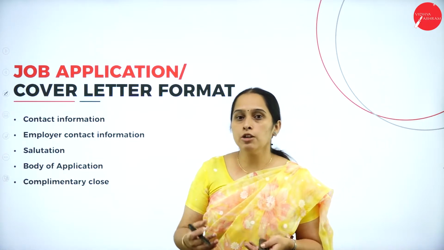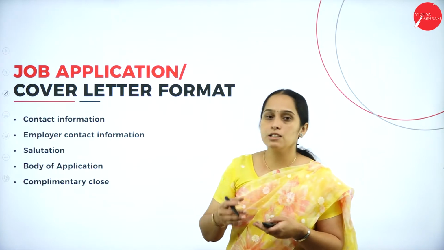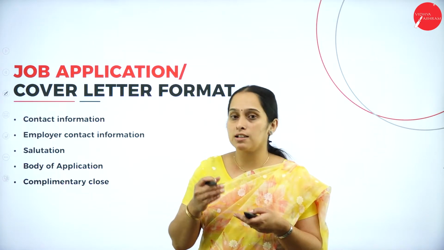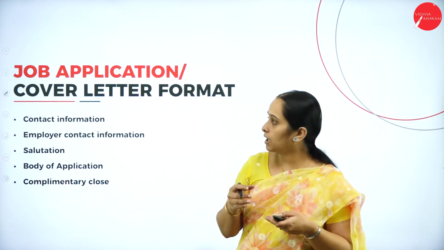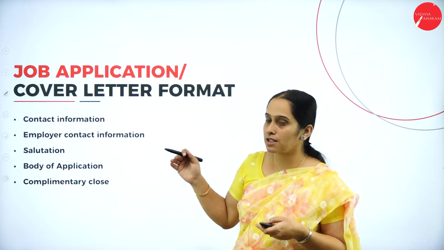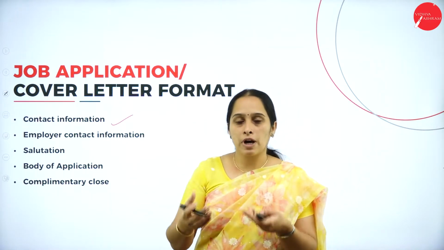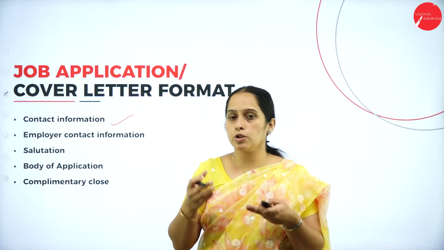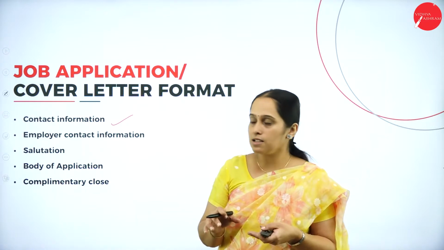So when you write a job application, these are the following things which you have to consider. When you write a job application or a cover letter, you have to use this format. First is contact information. That is from address, your address. So there you have to mention your complete address.